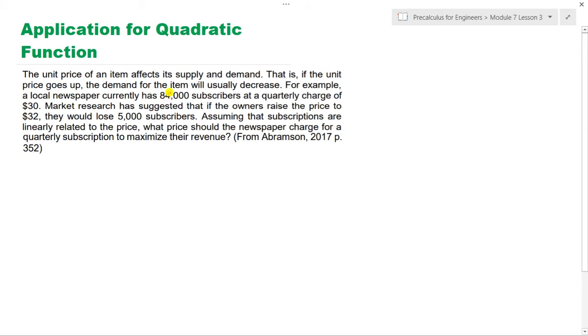Market research has suggested that if the owners raise the price to $32, they would lose 5,000 subscribers. Assuming that subscriptions are linearly related to the price, what price should the newspaper charge for a quarterly subscription to maximize their revenue? So here what is asked in the problem is the revenue.